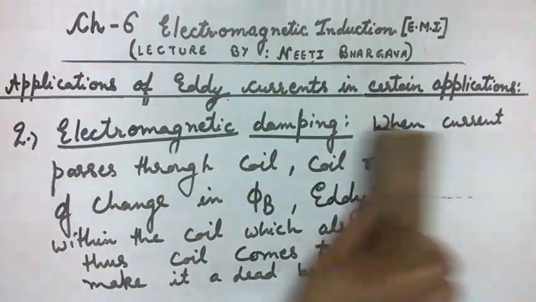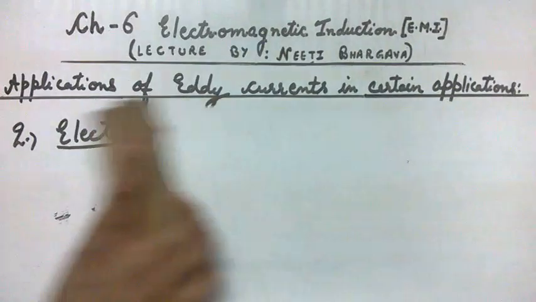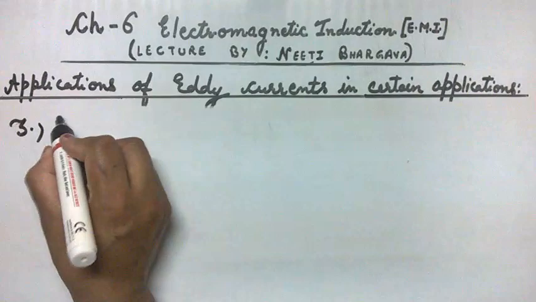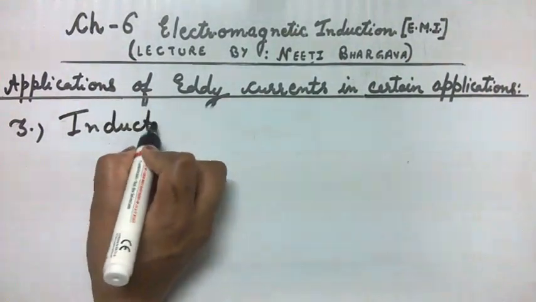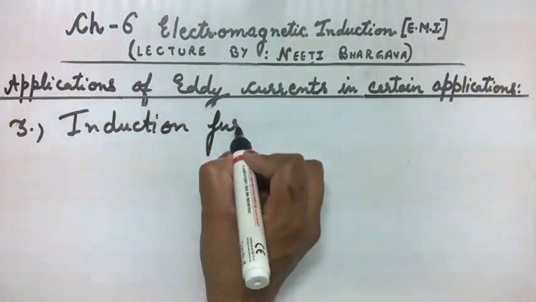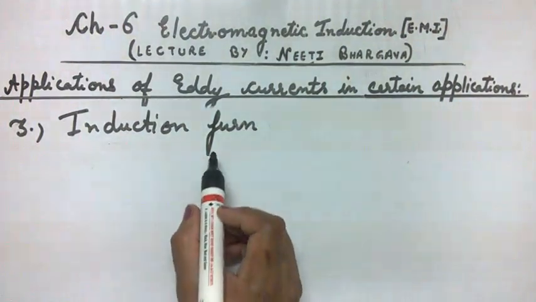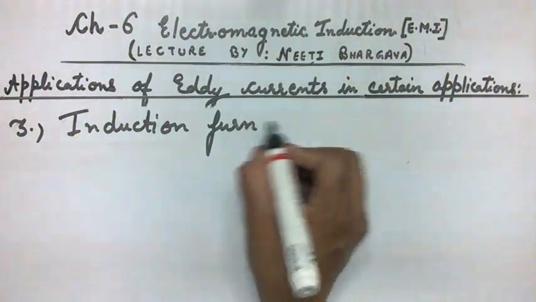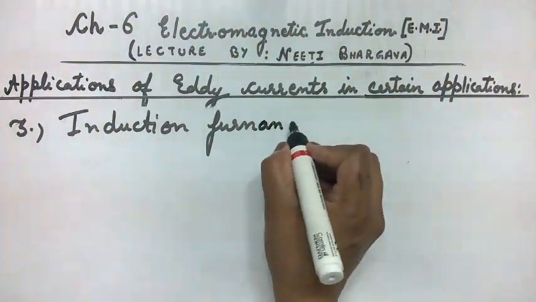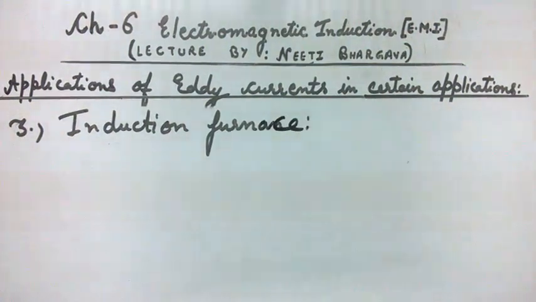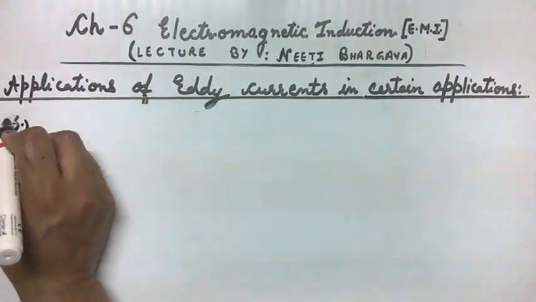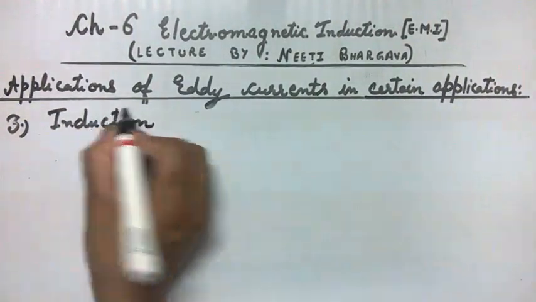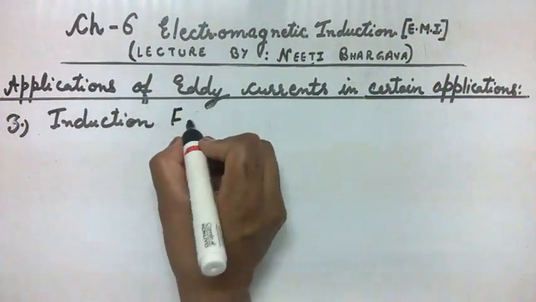The third application is the induction furnace. This furnace is used to melt certain kinds of metals, and by melting them, we prepare alloys.